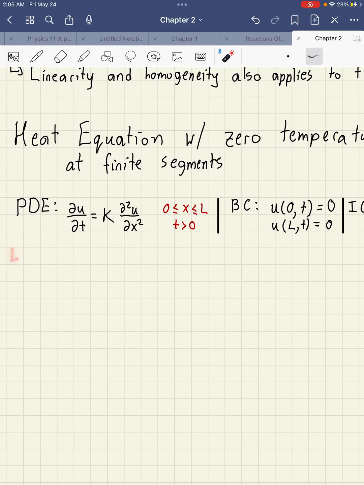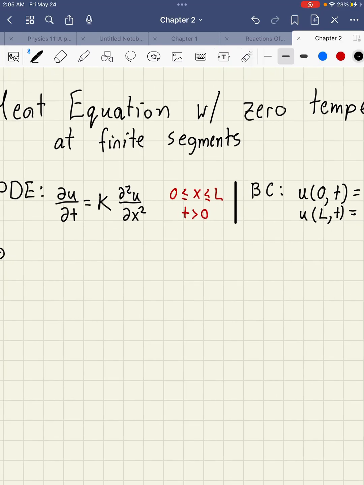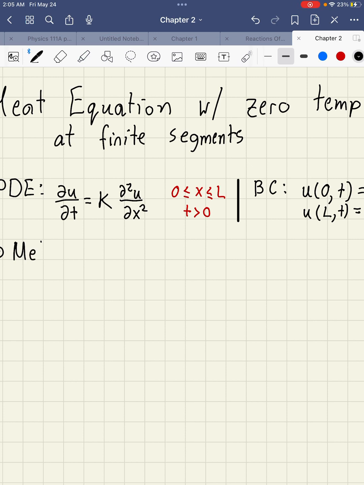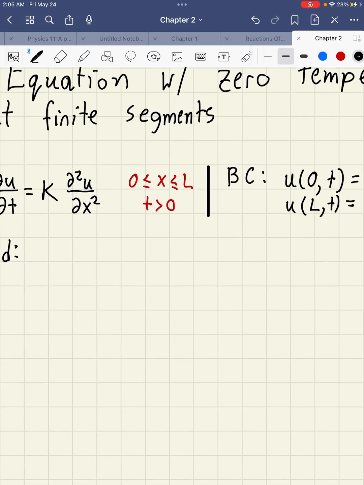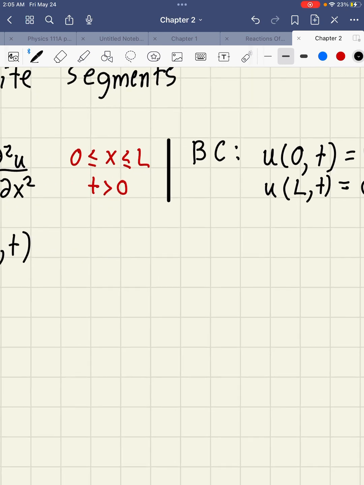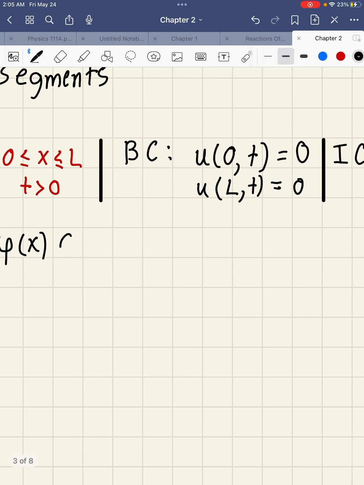Now let's write the method. In the method, our educated guess is that our unknown function u of x and t is just the product of a function of x and a function of t.